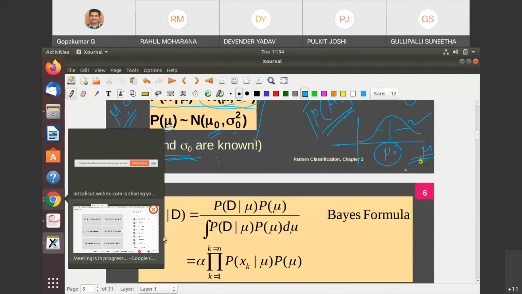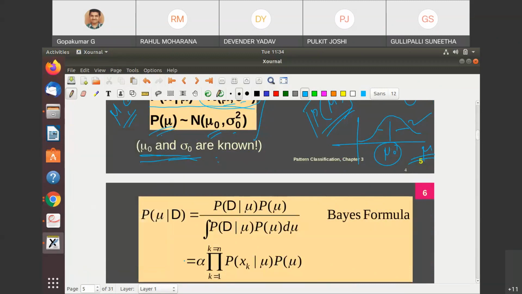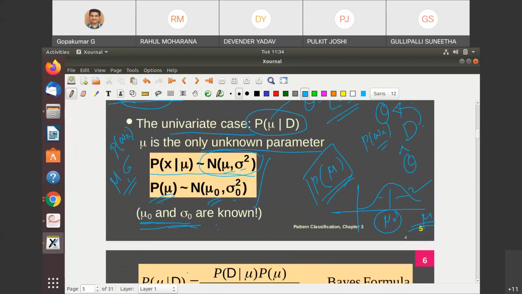When you make a guess, that is going to be fixed, and based on that your further analysis will proceed. Known means either it can be a guess, or you have calculated it in some way using prior knowledge. So that is an assumption.